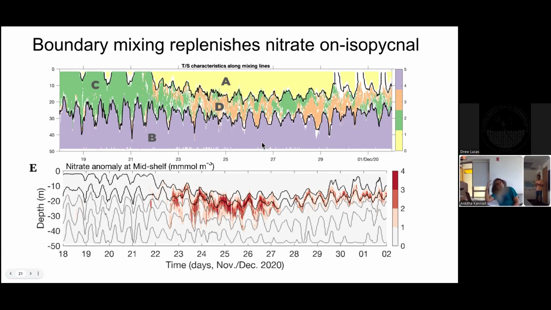We know it's higher inshore than offshore on that isopycnal, and we know that the TS nitrate characteristics are consistent with it being a combination of surface water and subsurface water. So those are all good strong pieces of evidence. Whether there could be a cross-shore gradient in the heating on that isopycnal surface, which may be shallower inshore than offshore, I do not know that I can rule out.